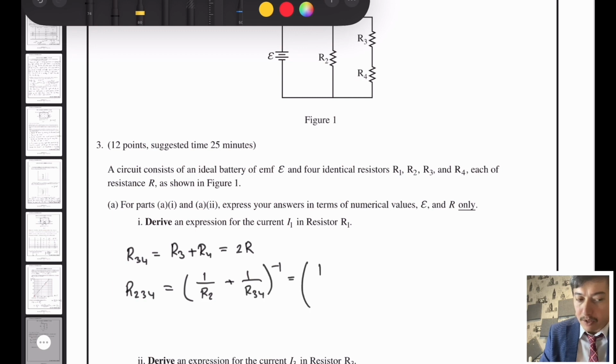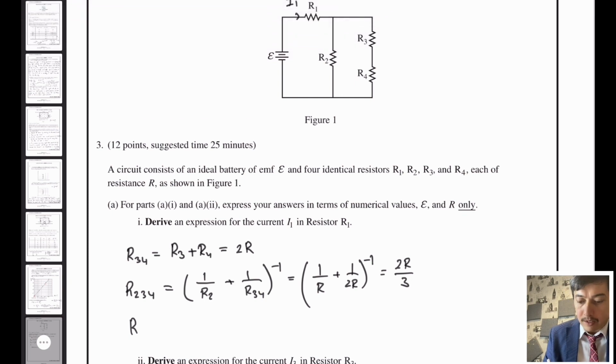Let's put the numbers. 1 over R plus 1 over 2R is 3 over 2R. It's going to be 2R over 3. Now all these 2, 3, 4 are in series to R1.